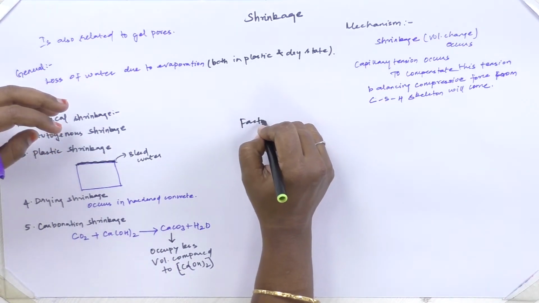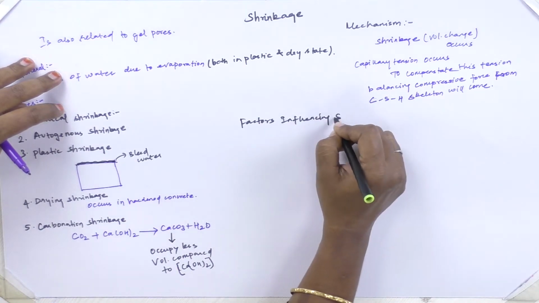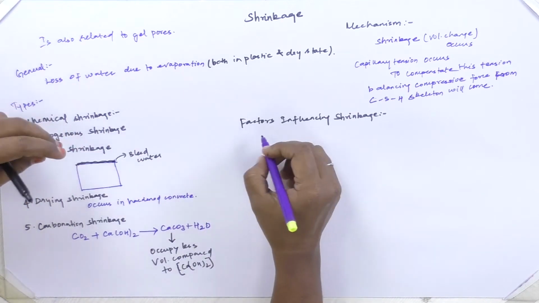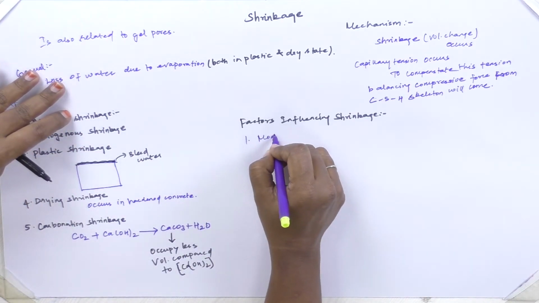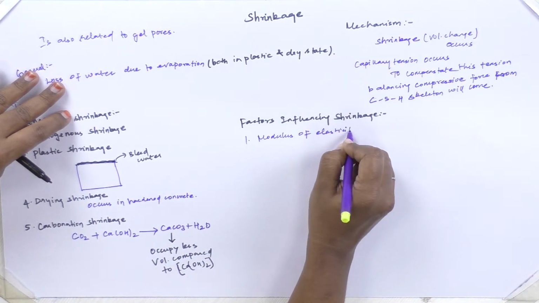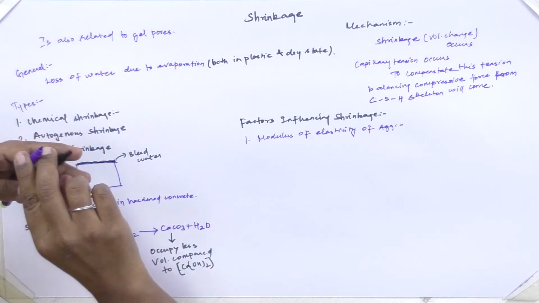Again, the factors influencing shrinkage. First one is the modulus of elasticity of aggregate.